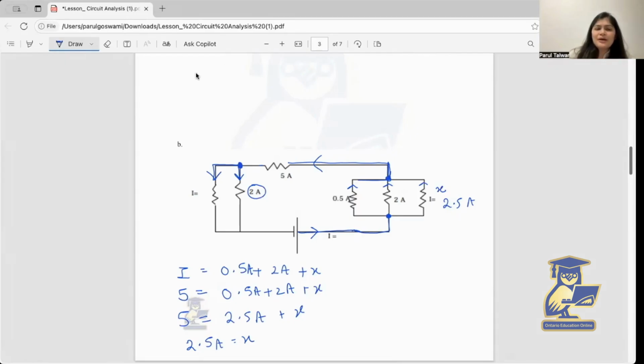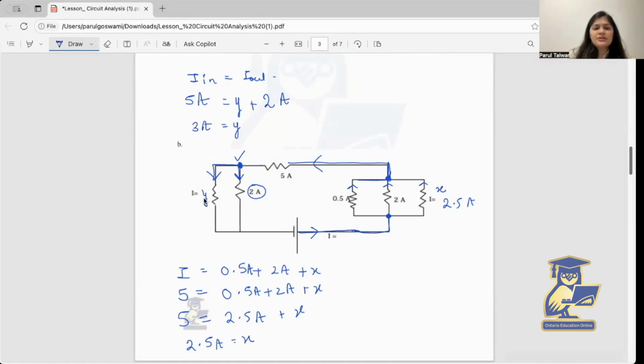So again I can apply incoming current equals outgoing current. For this particular junction, the incoming current is 5 ampere and the outgoing current is this unknown value, let's say Y, and another outgoing current is 2. So Y would be 5 minus 2 ampere, which is 3 ampere.